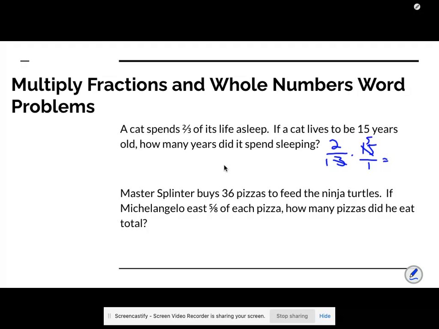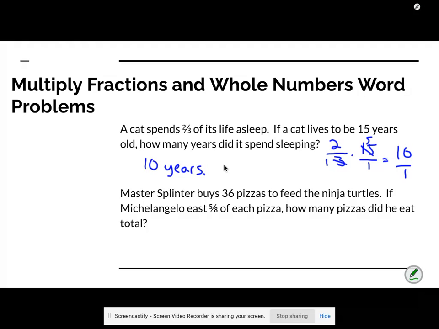Now all I need to do is multiply across. I get 10 over 1. So making sure that I have a label with my story problem, 10 years is the amount of time that cat would have spent. So if you put this in terms of your life, you basically have been asleep your entire life, since most of you are 11, maybe 12.